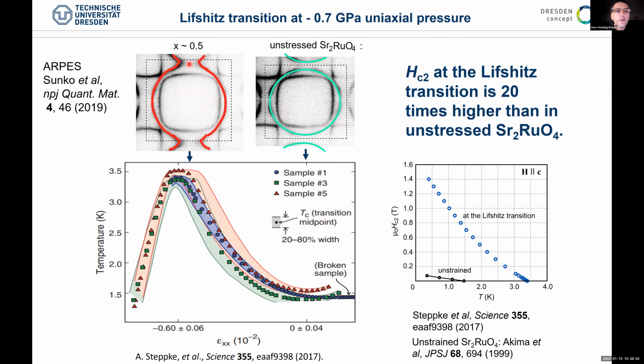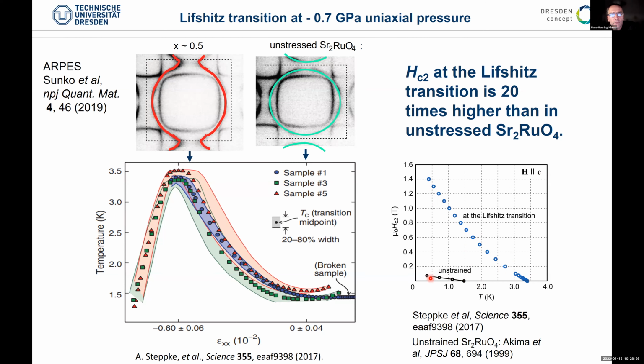And this is basically the Van Hove singularity at the Lifshitz transition, which is responsible for this effect. Also, one can see they measured that the HC2 at the Lifshitz transition is really strongly increased, whereas in unstrained strontium ruthenate with a field along the c direction it is much weaker.